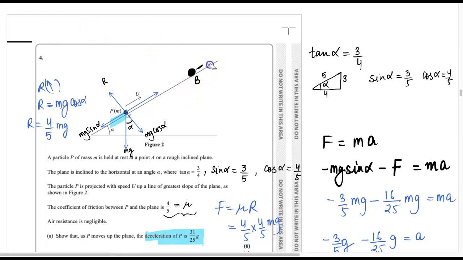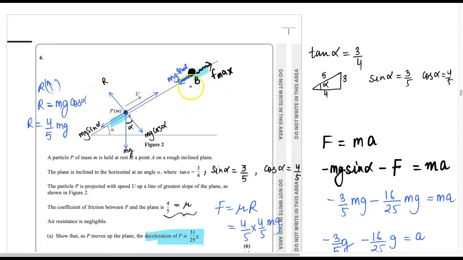So if this object is staying over there, that means it is being held by a force, and this is the frictional force obviously. So the direction of the frictional force is this direction. It is F max, the frictional force. And what is the force opposite to this? It would be mg sin alpha, working opposite to that.